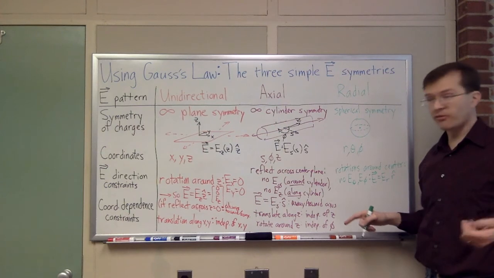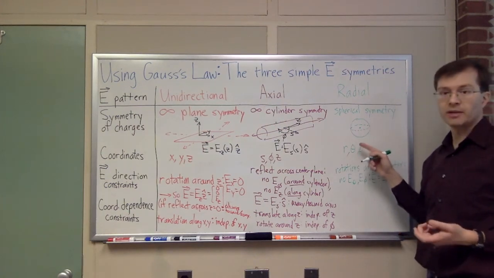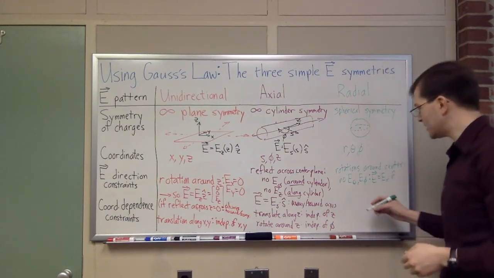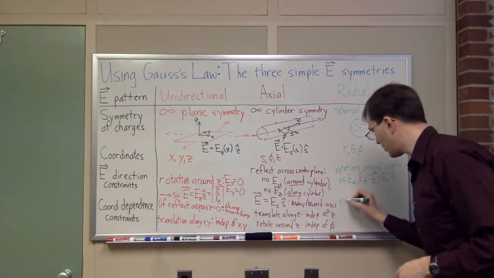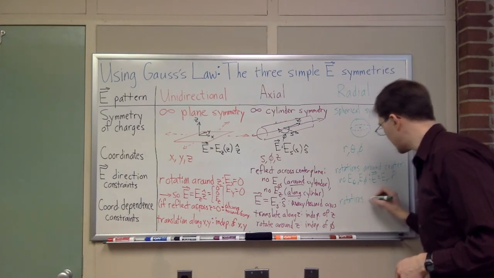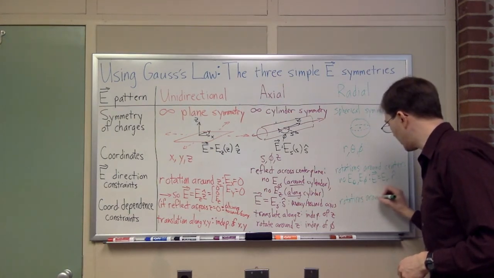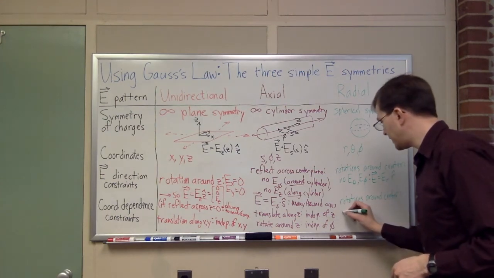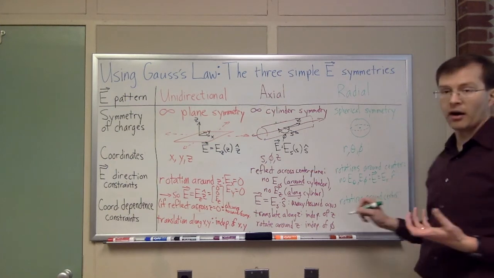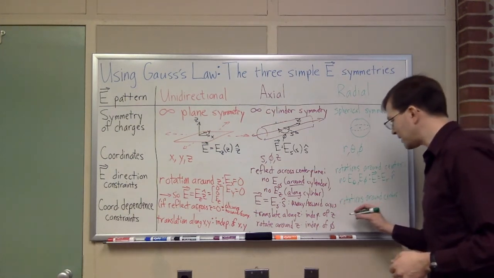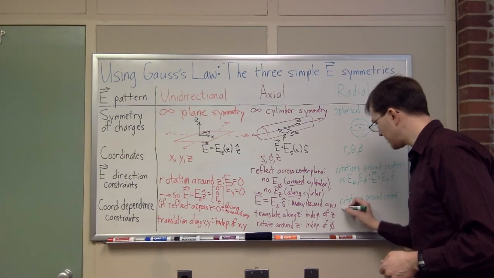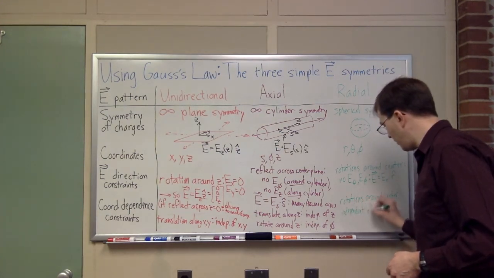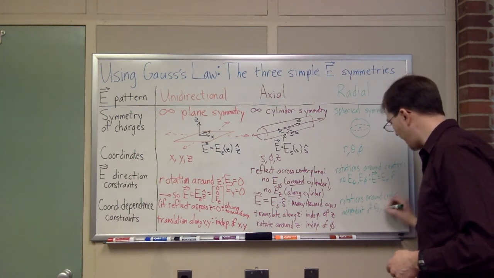And just as before, rotations around here, because it can't depend on what angle I'm at, if I rotate it, it can't change anything. That means, same idea, rotations around the center tell us that that function, E sub r, the strength of my field, has to be independent of theta and phi, independent of angle.